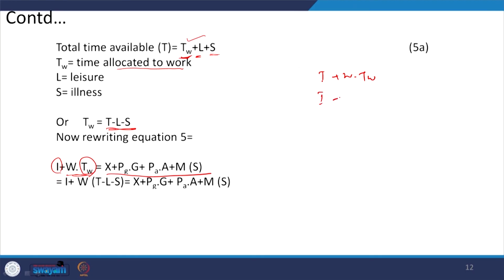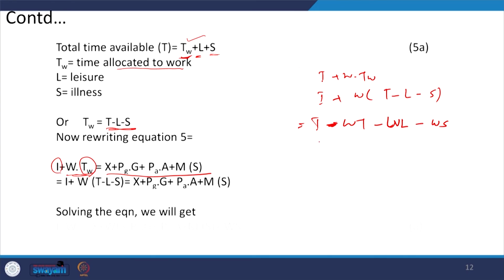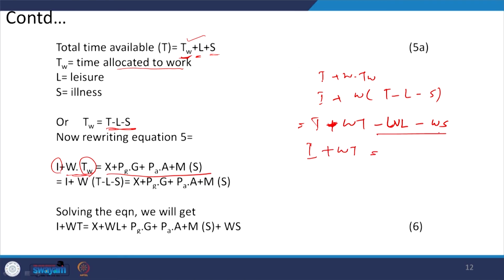We are doing I plus W times T minus L minus S. This is the left hand side, and here it will be WT minus WL minus WS. We are solving this and finding I plus WT. These are the two variables that are shifted to the right hand side.